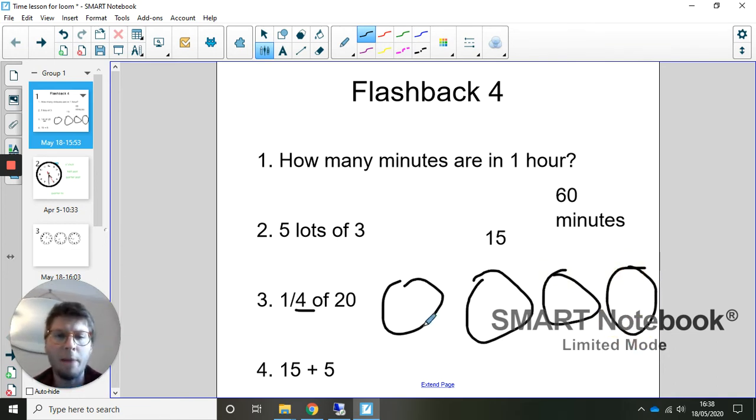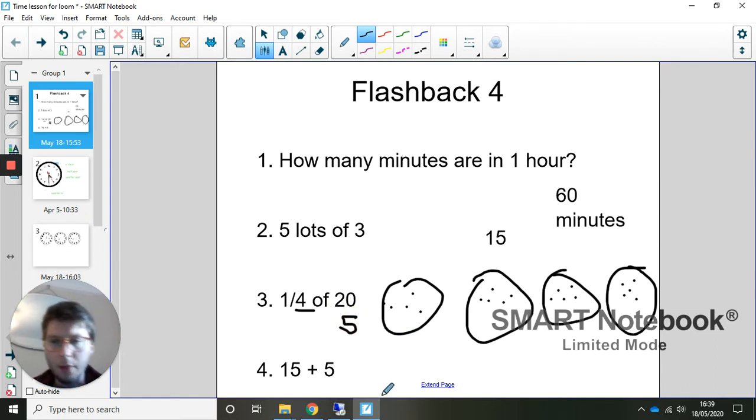And then I'm going to share my 20 around. 1, 2, 3, up to 20. Now I've just got to count up and see how many I've got in one because it says 1/4. So in one, I've got 1, 2, 3, 4, 5. So 1/4 of 20 is 5.